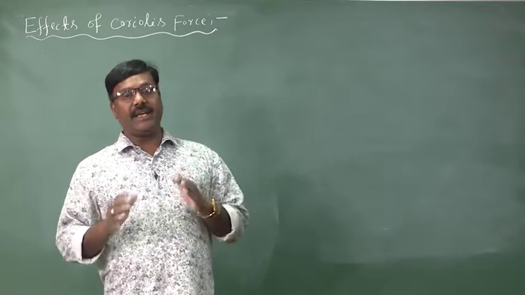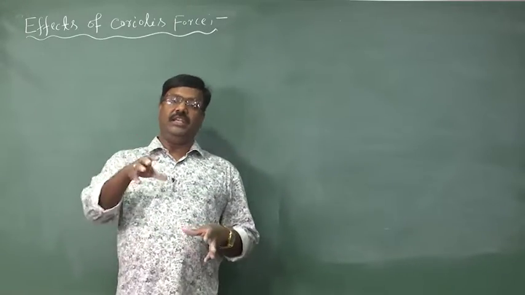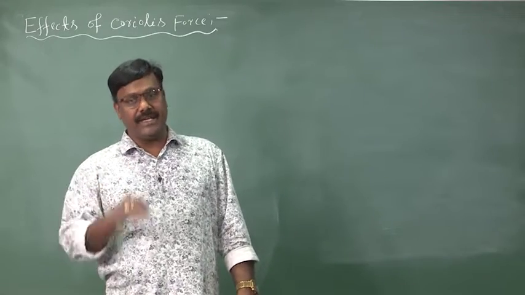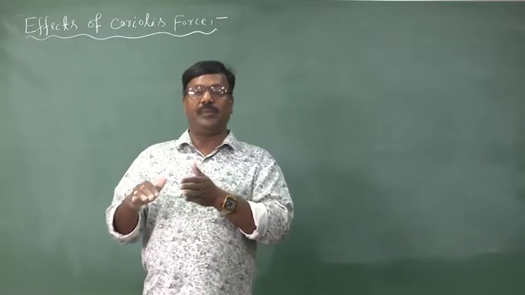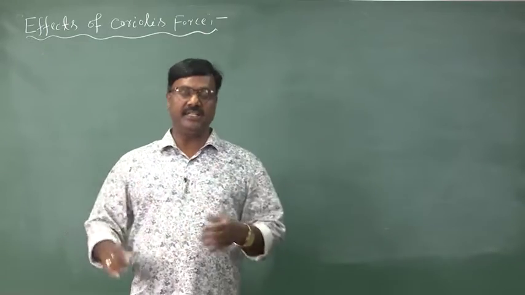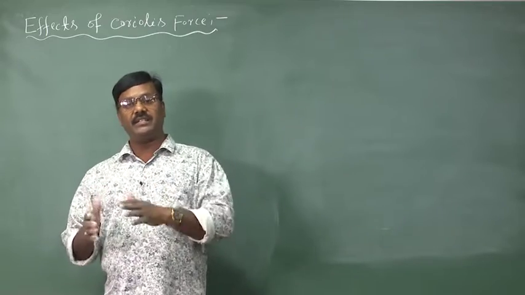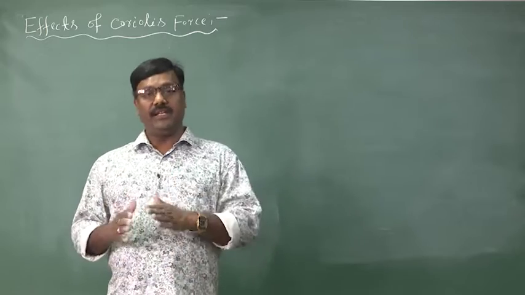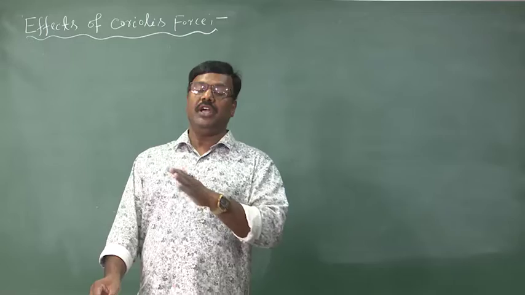And in case of a freely falling body, the body will also experience the Coriolis force, and it deviates from its actual path. It is seen that the Coriolis force deviates the body from its actual path towards its right in either the northern hemisphere or the southern hemisphere.